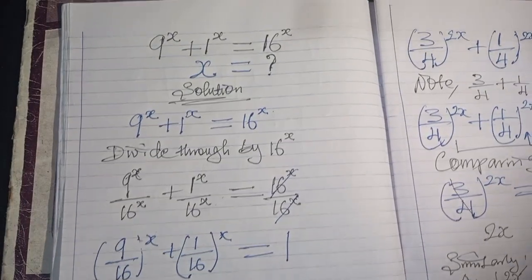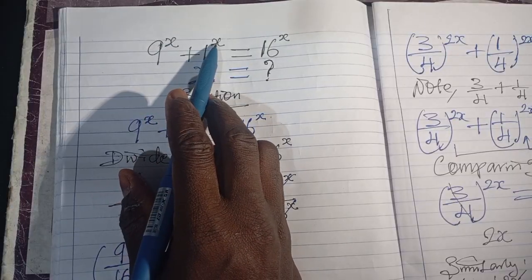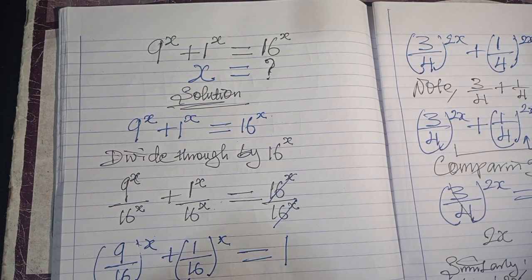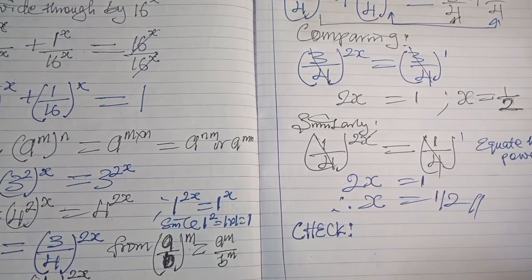Remember, we have 9^x + 1^x = 16^x. So if x is 1/2, let's try and just stay here and check.